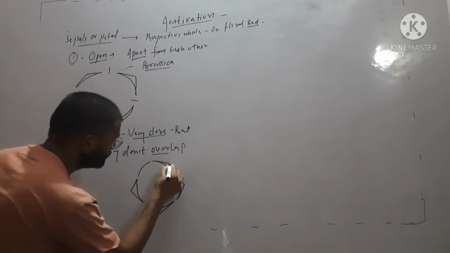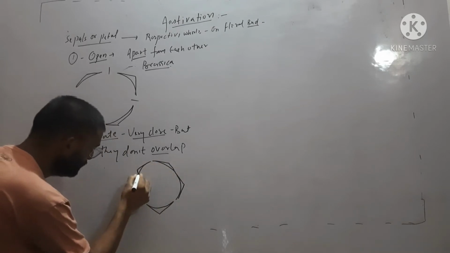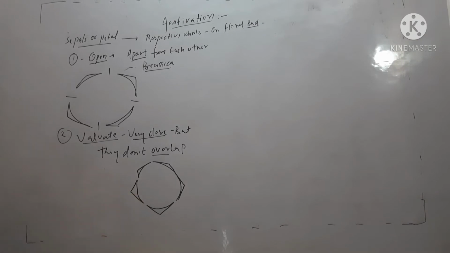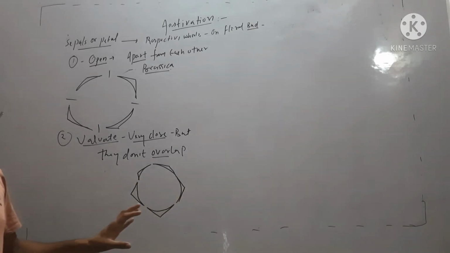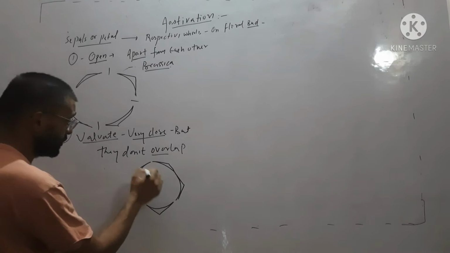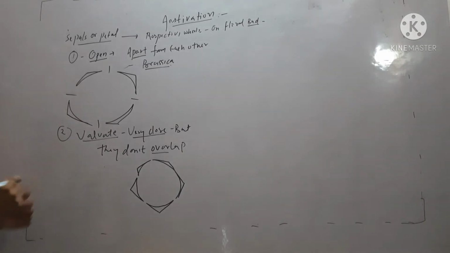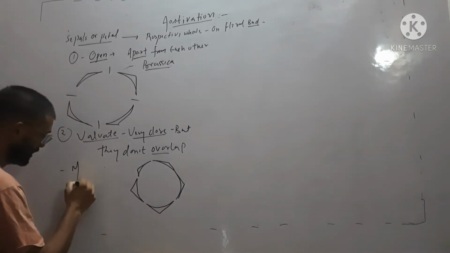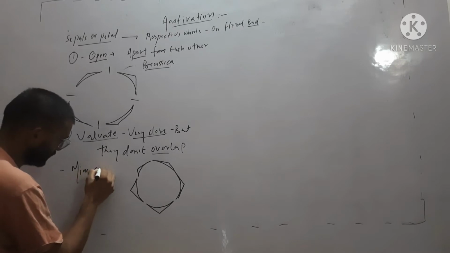Like this. They are very close to each other, but they are not overlapping each other. So this type of estivation is called valvate estivation. Example is Mimosa.